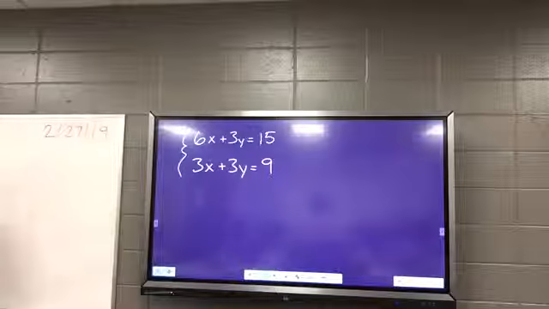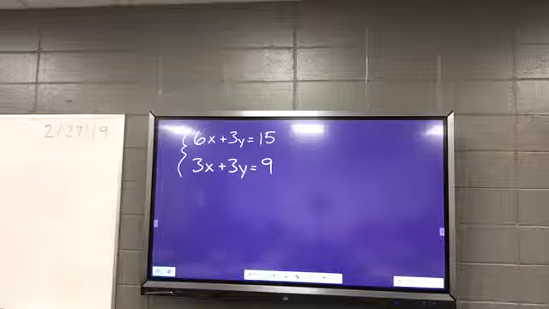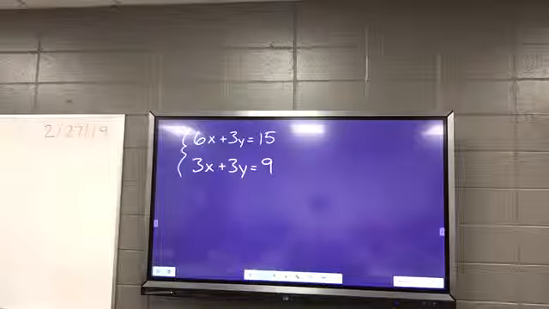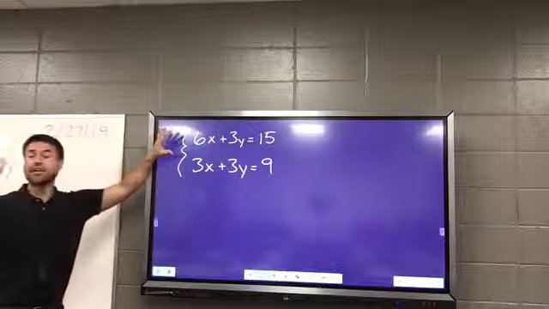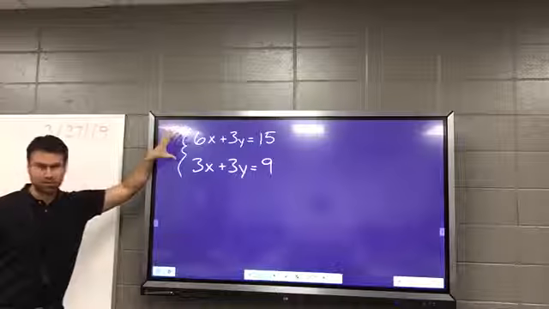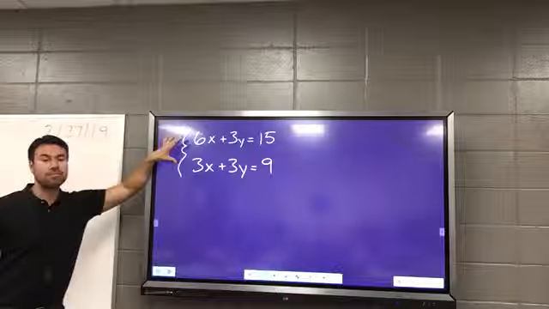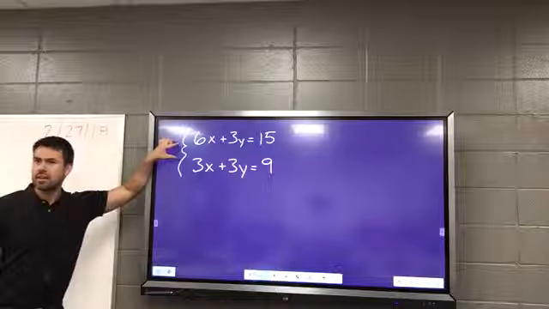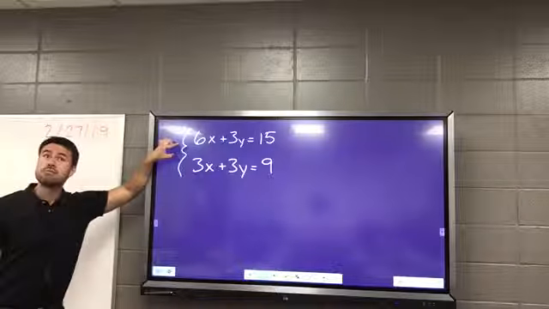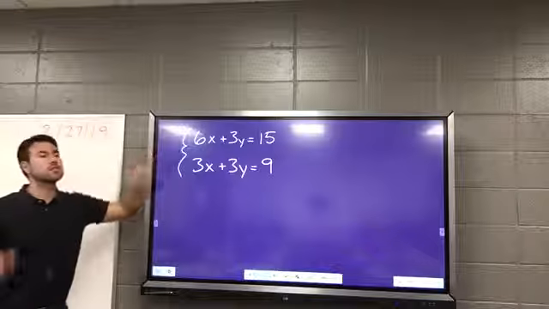Okay. What's different about this problem and the other problems? They're different forms, right? This is actually what form? Do you know? Standard form. It's standard form. I don't want them in standard form. I want to get them in slope-intercept form.